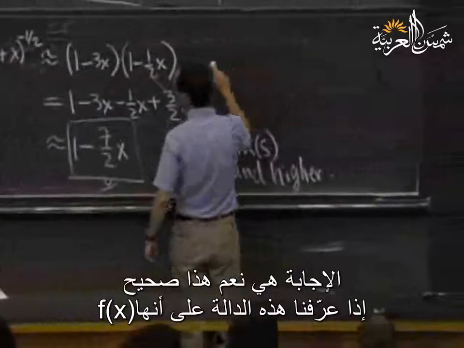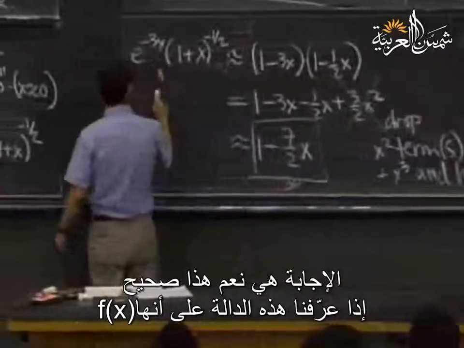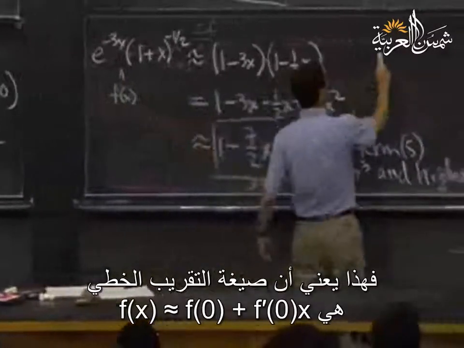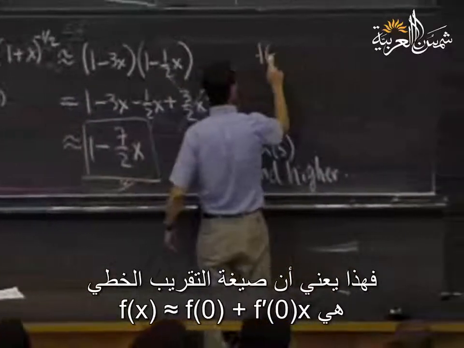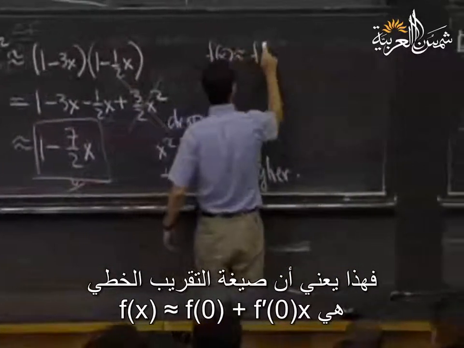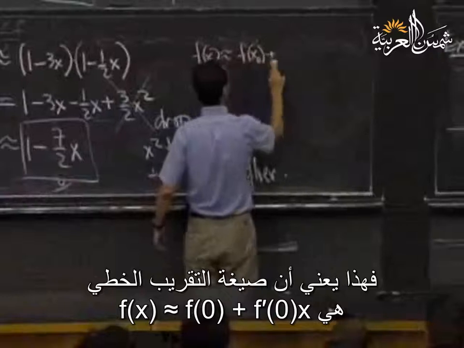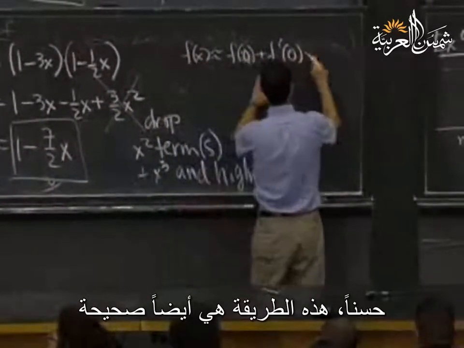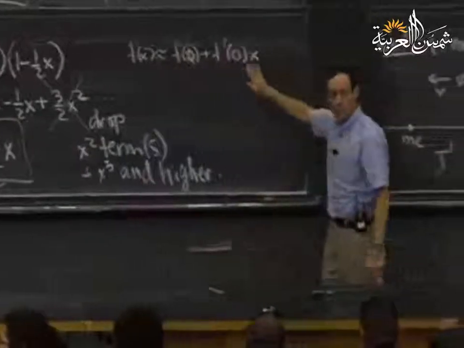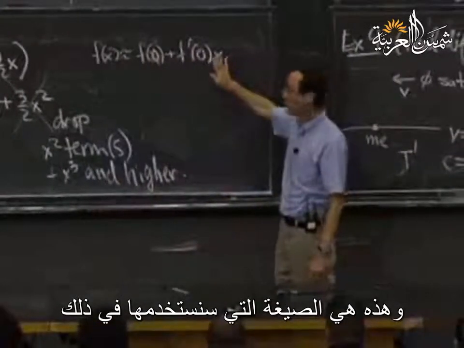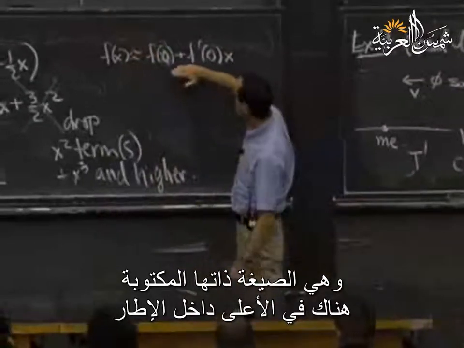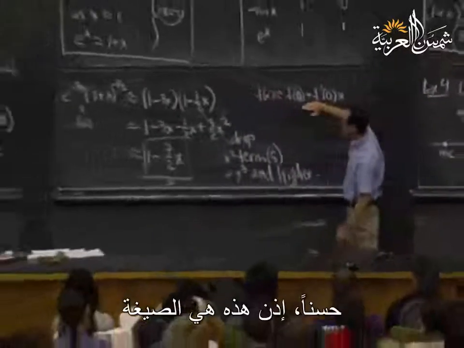It's also true that if I call this function f of x, then the linear approximation is f of x 0 plus f prime of x 0 times x. So that should be true. That's the formula that we're using. It's up there in the pink also.